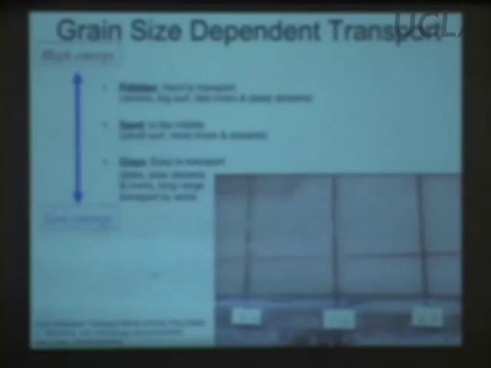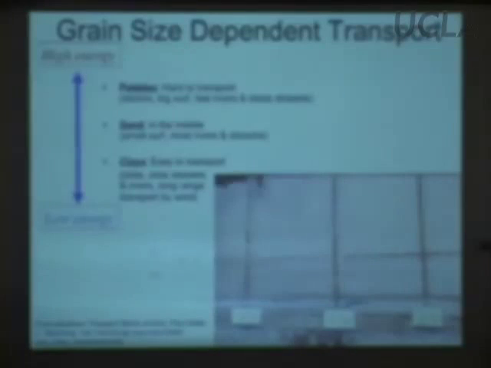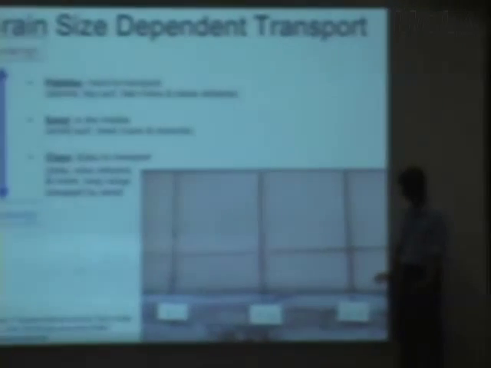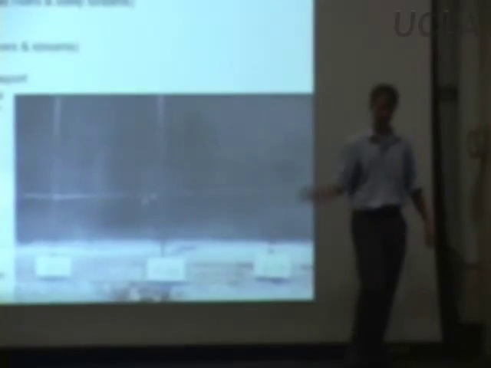Okay, and I showed you this movie of an example of sorting during flow. In this case, this is a debris flow running through a water-filled tank. And even though this material is still moving, we have a segregation of coarse grain material at the bottom and fine grain material at the top.